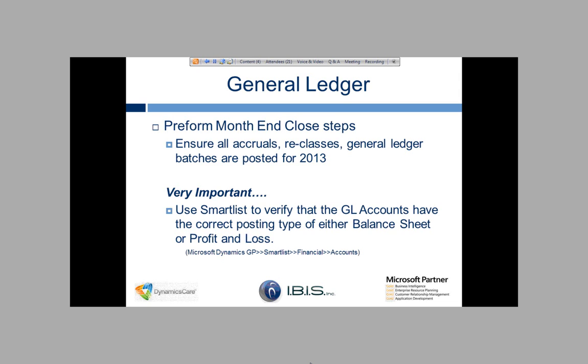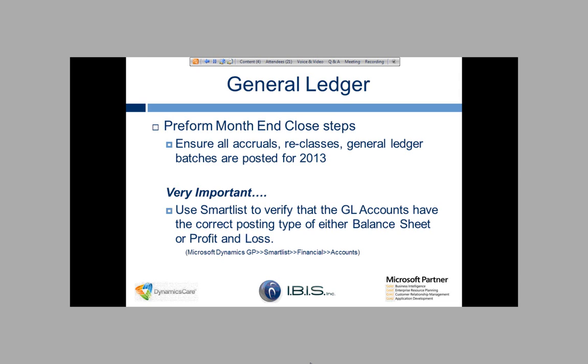What you want to do is use SmartList to verify that the GL accounts have the correct posting type of either a balance sheet or profit and loss. Now, the SmartList that I use is located, if you go to Microsoft Dynamics GP, SmartList, Financial and Accounts. The SmartList is called Accounts.